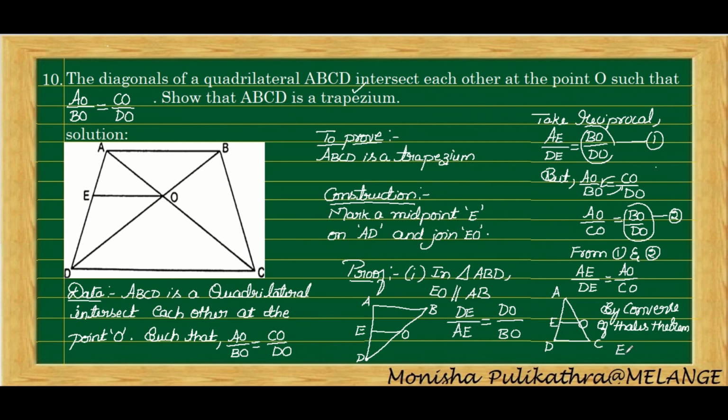Okay, so then EO will become parallel to the third line, that is DC.